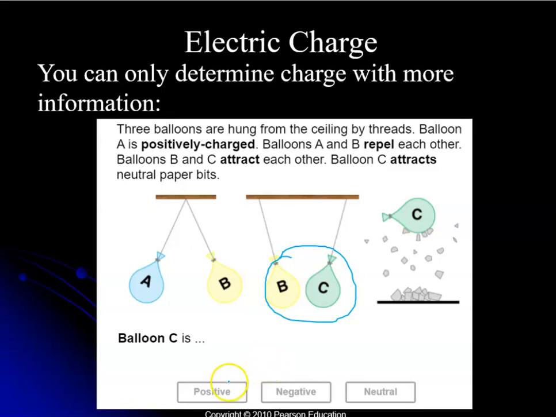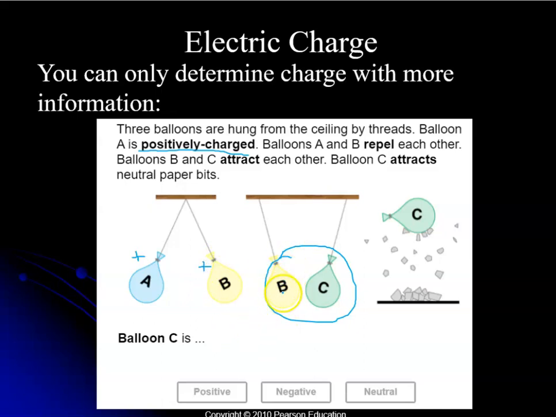So looking at this problem, and you're going to get some of these on your assignment, we have 3 balloons that are hung from the ceiling by threads. Balloon A is positively charged, so balloon A has a positive charge, and balloons A and B repel each other. Well, since they repel, that means balloon B also has a positive charge.